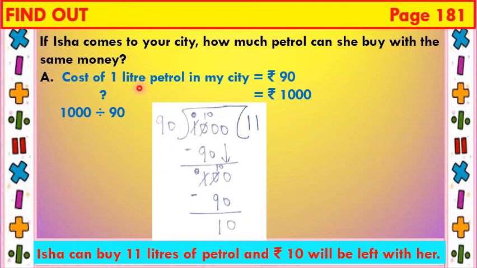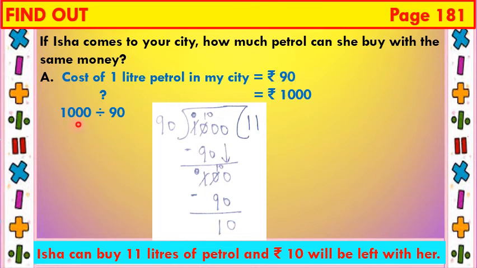Then how much petrol can be bought for rupees 1000? Using cross multiply and divide, I cross multiply 1000 with 1. Now any number multiplied by 1 gives the number itself. So I got 1000. Then I divide it by 90.